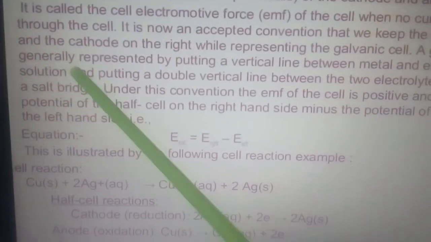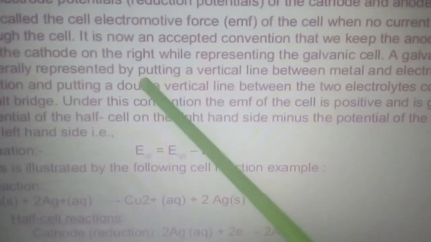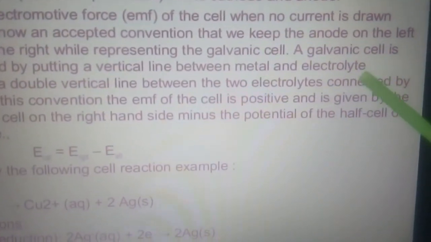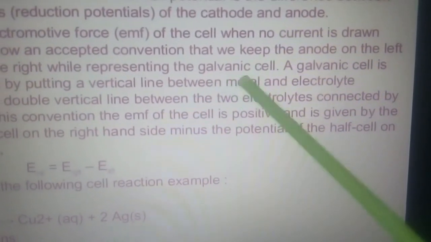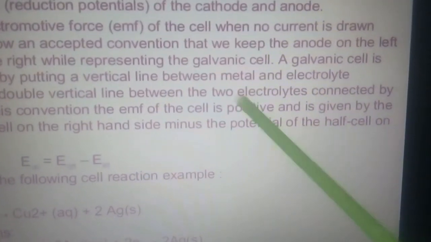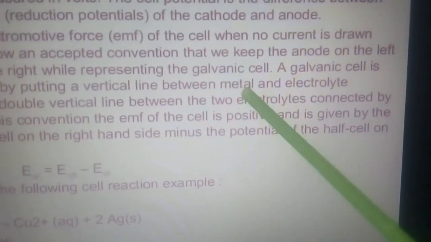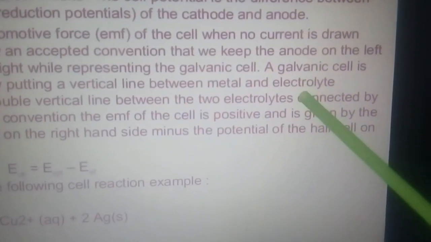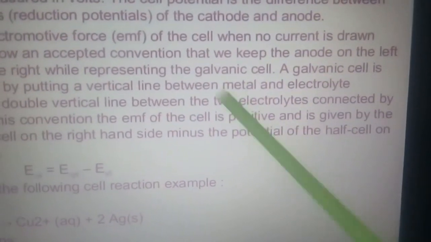A galvanic cell is generally represented by putting a vertical line between metal and electrolyte. There is a potential difference between the metal and the electrolyte, called the electrode potential, and it is indicated by writing the metal and the electrolyte separated by one vertical line.